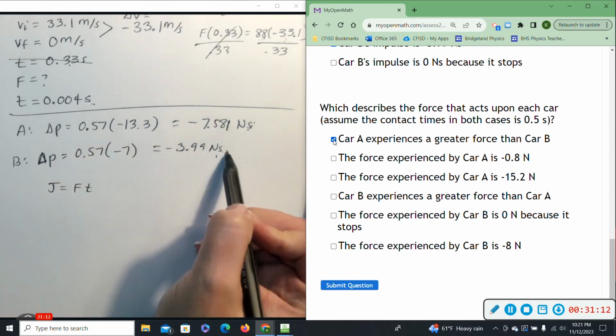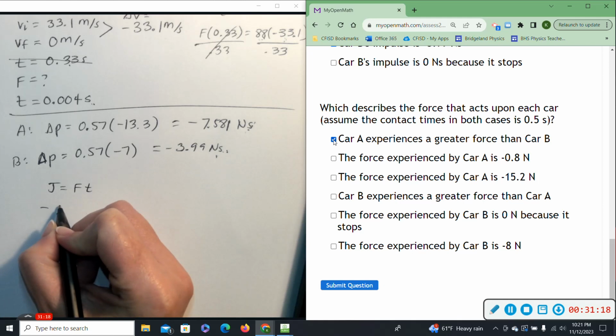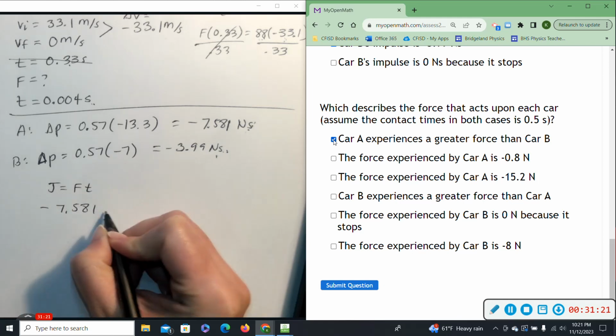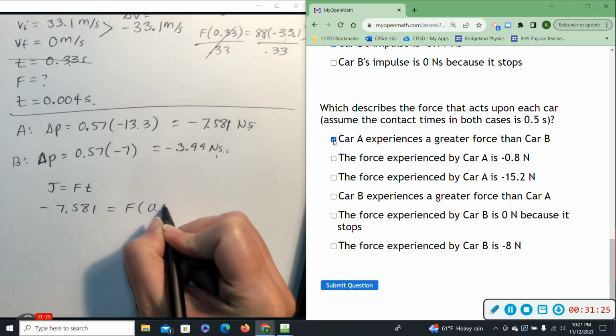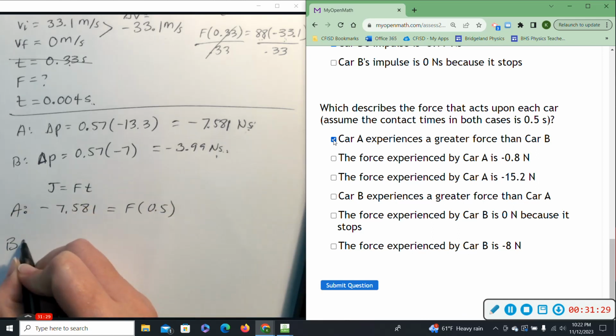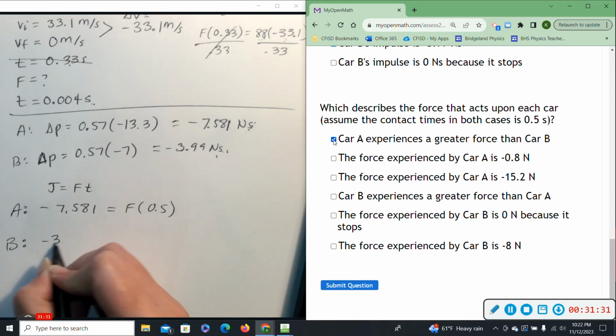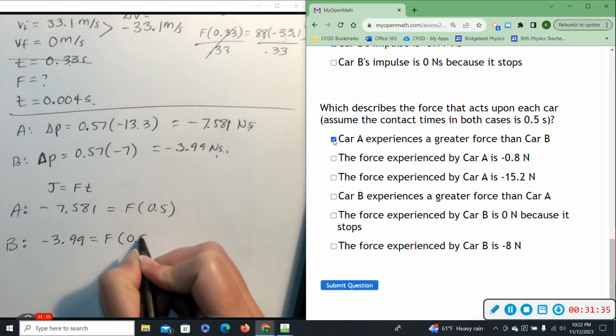Our change in momentum is our impulse, so we have negative 7.581 equals force times 0.5. This is for A, and then for B, negative 3.99 equals force times the same amount of time.